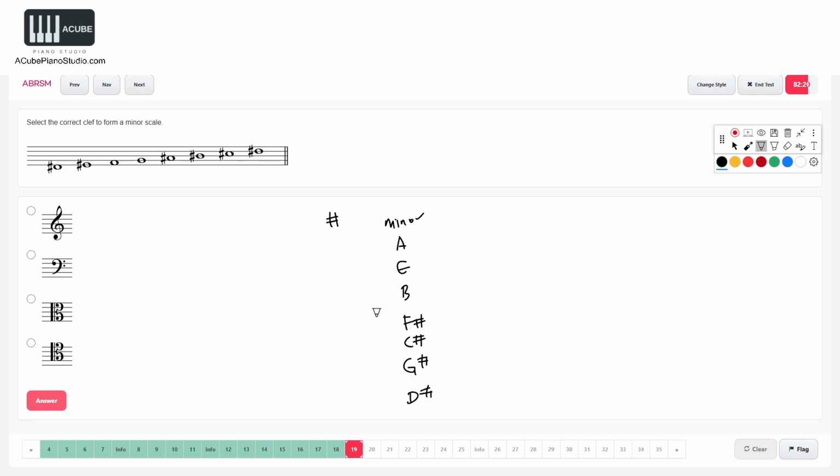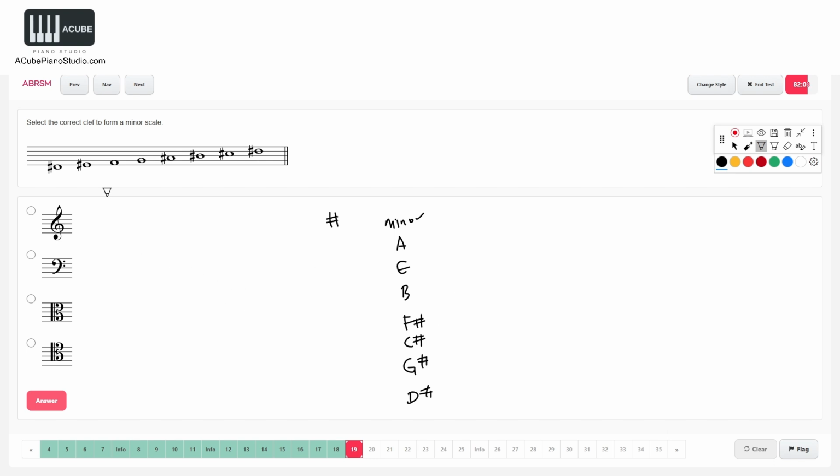If I were to look at it very lightly, this is either F sharp, C sharp, G sharp, or D sharp. It cannot be A, E, or B, or anything else. It doesn't really tell me much.